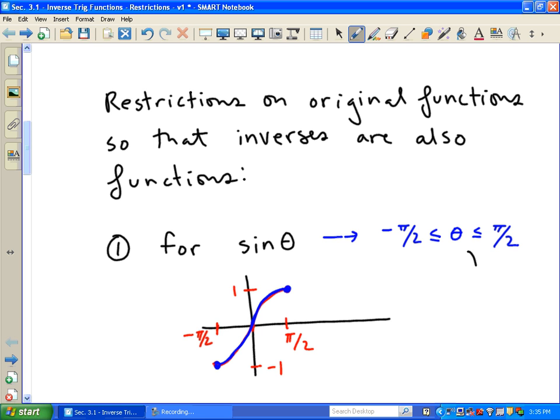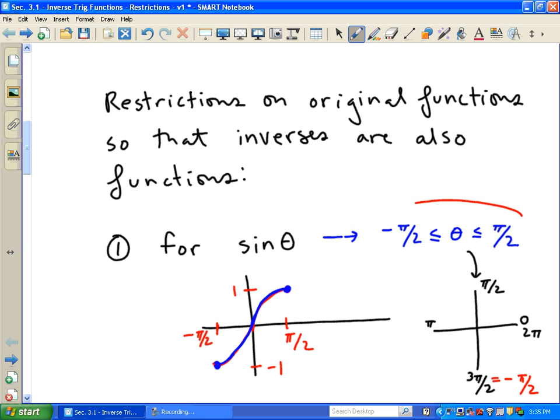Consider this for a moment. If we're looking at axes and we have 0, pi over 2, pi, 3 pi over 2, and 2 pi, me saying that I'm looking for thetas in between pi over 2 and negative pi over 2, we realize that this angle down here, 3 pi over 2, is actually the same as negative pi over 2.